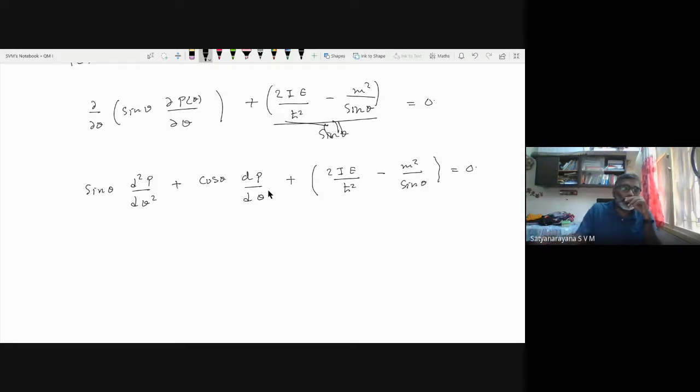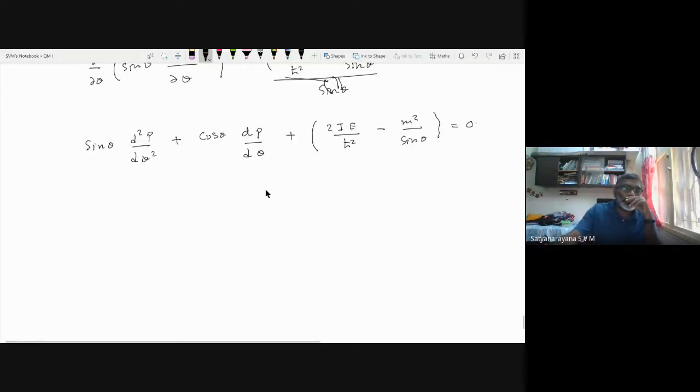Okay. Now let us say that we want to understand what this equation looks like. For that, let us try to write this in terms of x is equal to cos theta.